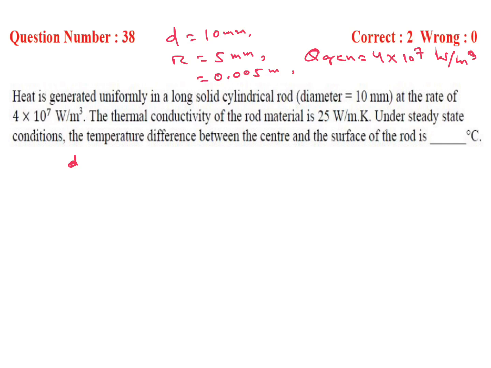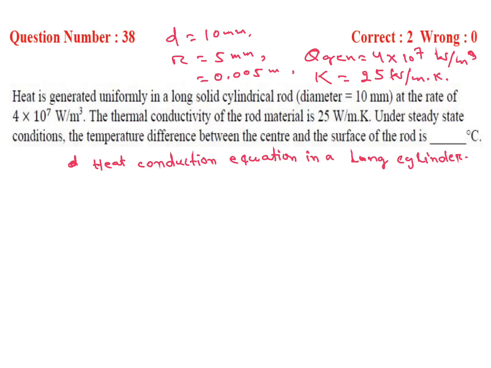Thermal conductivity K is 25 watt per meter Kelvin. Temperature difference we have to find out. So, the heat conduction equation in a long cylinder. This is also very important for ISRO examination; they are asking that equation directly.